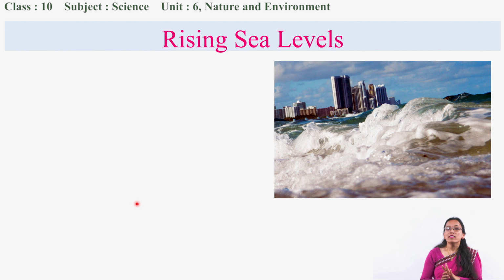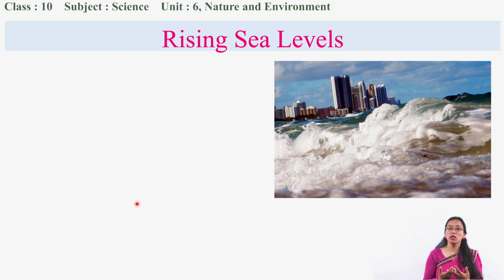Next, rising sea levels. Due to climate change, the sea level rises up. How? When there is change in the climate, there is global warming, there is an increase in the temperature of the surface of the earth. Due to high temperature, what happens? The water present in the sea also expands.